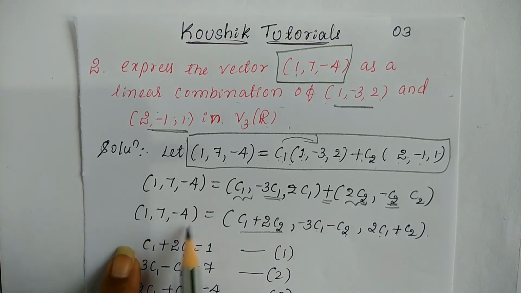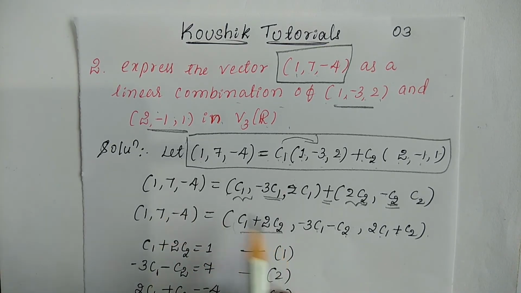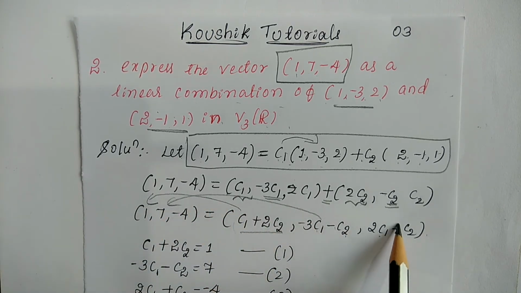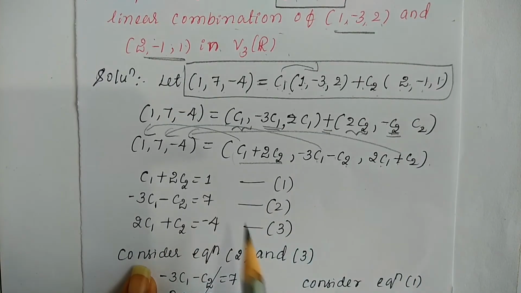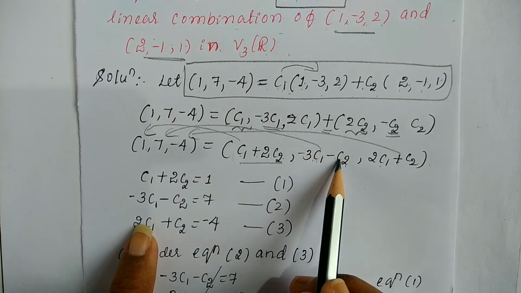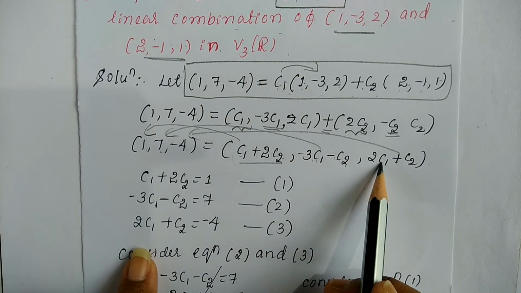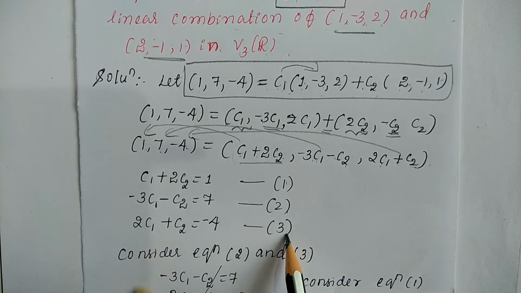So here we have a triplet, here we have a triplet. Compare those two triplets: first one, second one, third one. So we get 3 equations: C1 plus 2C2 is equal to 1, minus 3C1 minus C2 is equal to 7, 2C1 plus C2 is equal to minus 4. So equation 1, equation 2, equation 3.